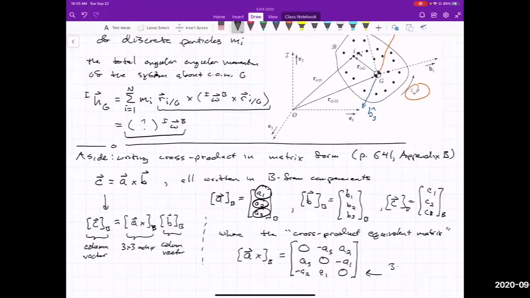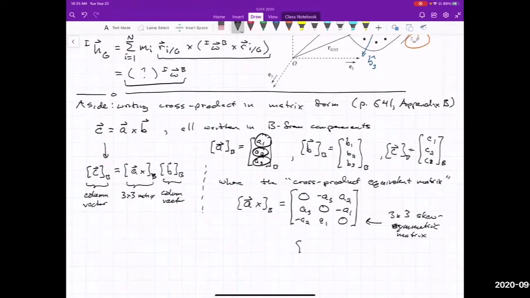So this is a 3x3. In terms of its mathematical properties, it's a skew-symmetric matrix. What does that mean? That means that if you took A cross transpose, you would get negative A cross, which would also be the same as the matrix of negative A cross.